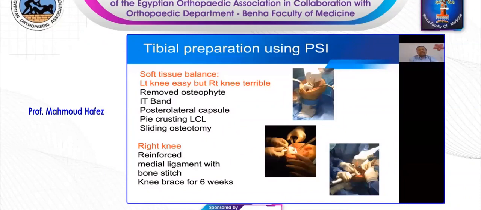The medial ligament had a very slight laxity, which we dealt with just by reinforcement, but it was stable with this. I know this does not normally work, but even if we hadn't done it, there was no instability intraoperatively. We also put the patient in a knee brace for 6 weeks, only for the right side, to be on the safe side.